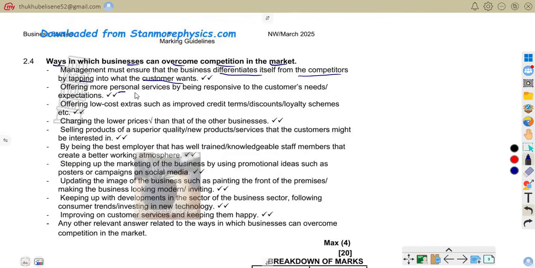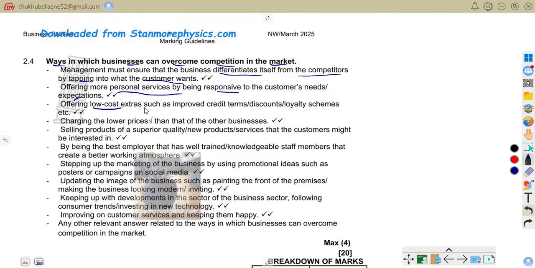Also, offering more personal services by being responsive to customers' needs and expectations, meaning providing excellent customer service to meet customer needs and expectations.